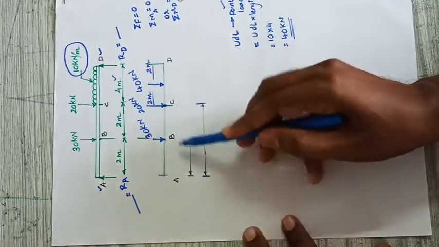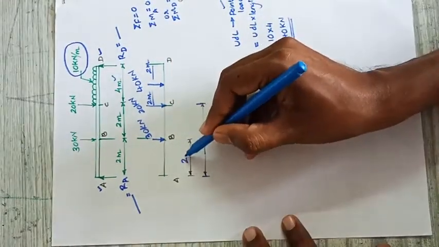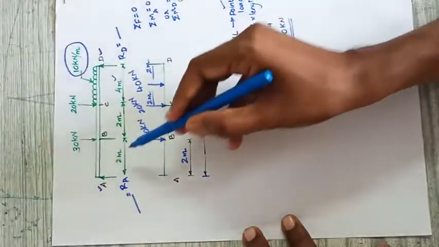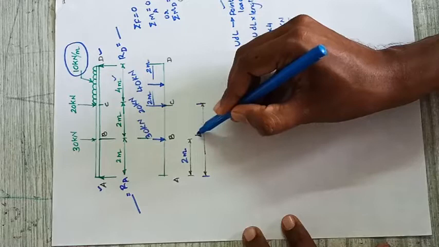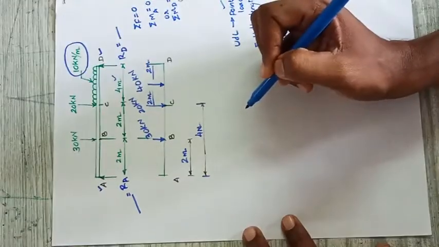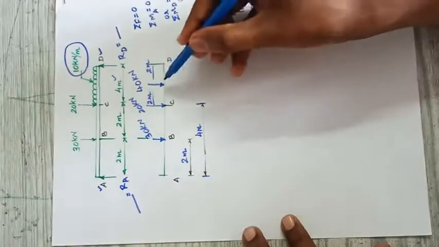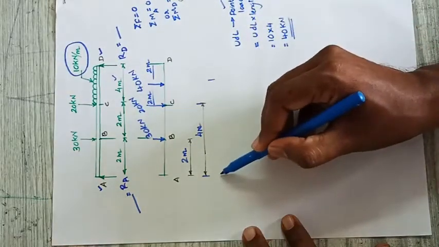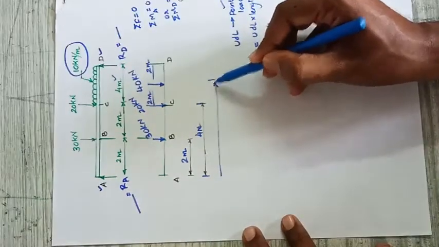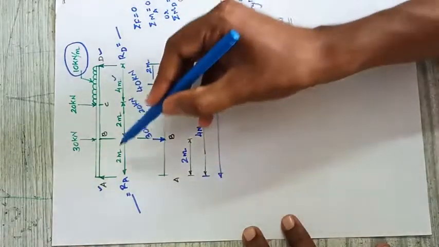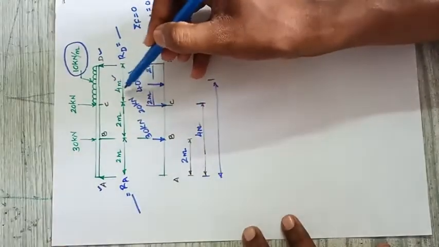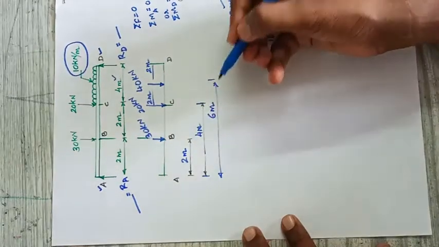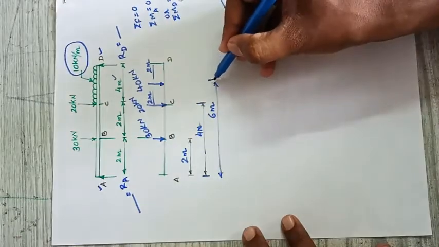A to B is 2 meter, and then A to C is 2 plus 2, 4 meter. And then where is the point load? At the middle of this 2, again total 6 meter. Exactly 6 meter it is acting.